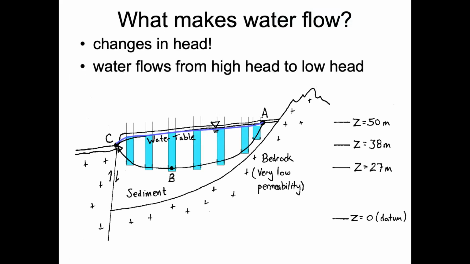So here's that same area that we were looking at before. We can see that water is moving from a high head to a low head. Here, when we start at point A, we have a small pressure head but a very large elevation head. I'm going to draw that elevation head in brown.